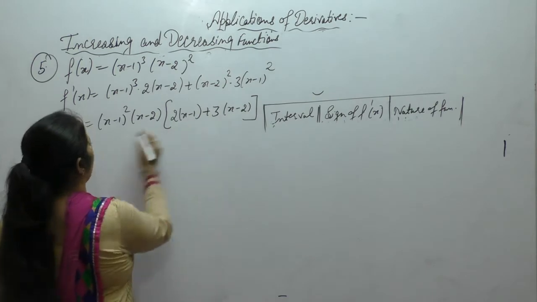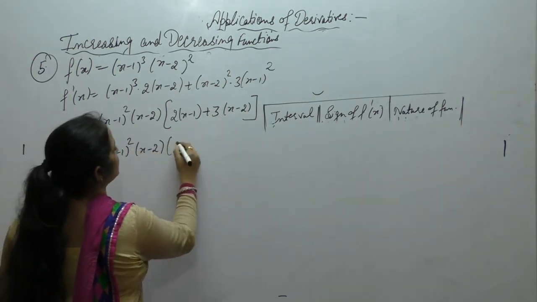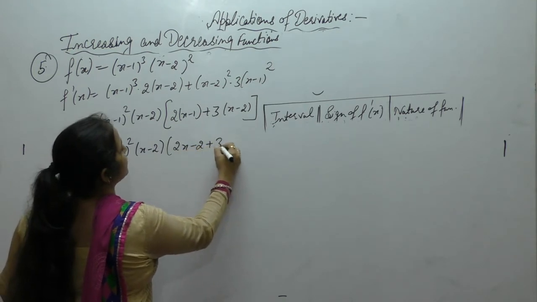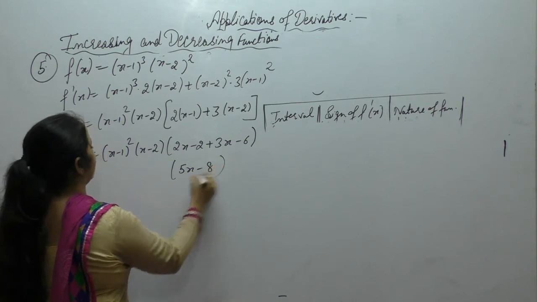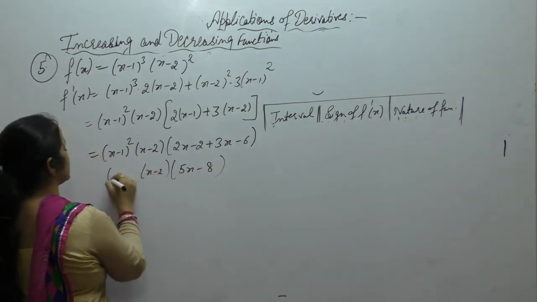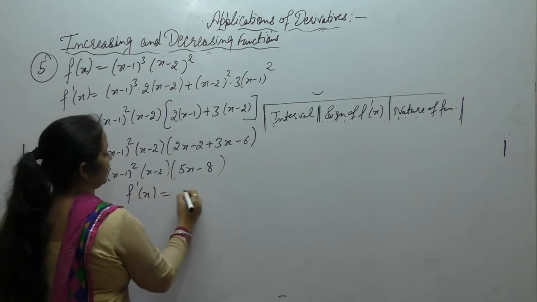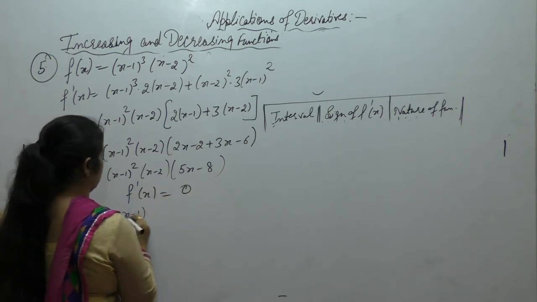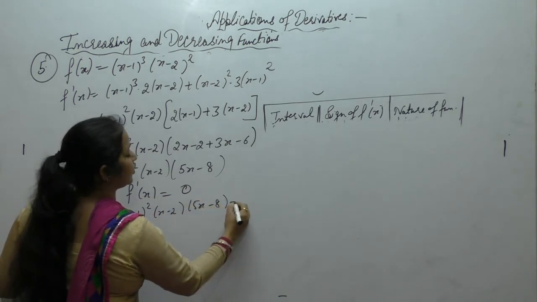Clear? Now open the brackets here. x minus 1 square, x minus 2, 2x minus 2 plus 3x minus 6, 5x minus 8. x minus 2, x minus 1 whole square. Take this derivative equal to 0. One by one, all the factors will be equal to 0.